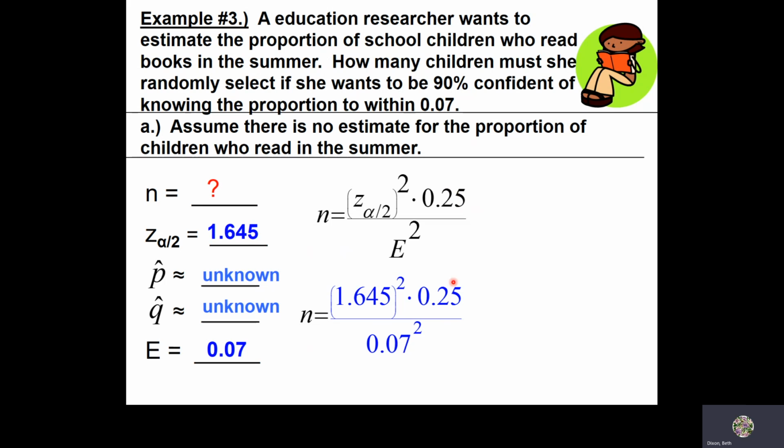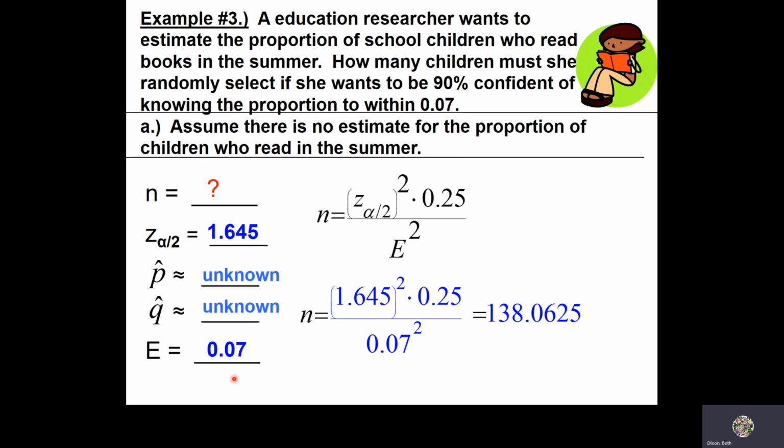Our 0.25 comes down. Our error becomes 0.07, and the 0.07 is squared. So we take 1.645 squared times 0.25 divided by 0.07 squared.